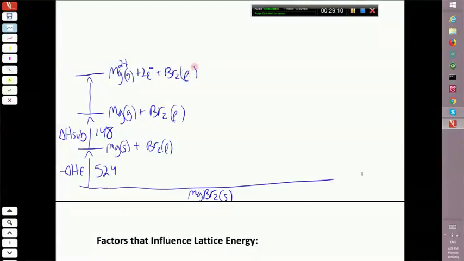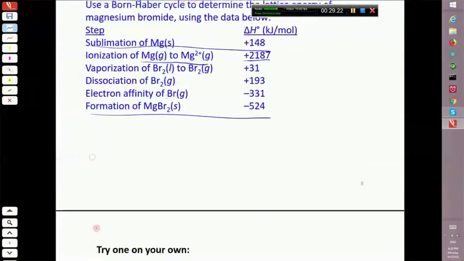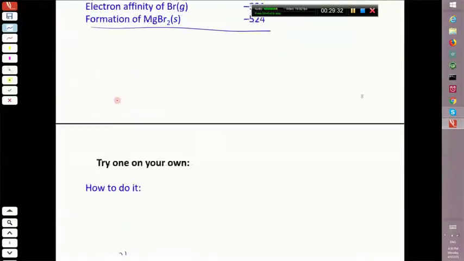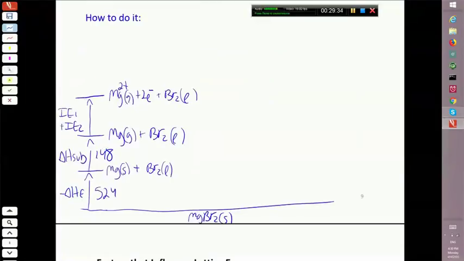So this is really the sum of the first 2 ionization energies, IE1 plus IE2. It's the sum of 2 ionization energies because we're removing 2 electrons. However, in this problem, we're given one combined value of 2187. So that's the sum of those 2 ionization energies. The amount of energy required to go from magnesium to magnesium 2+ is given to us directly as plus 2187.